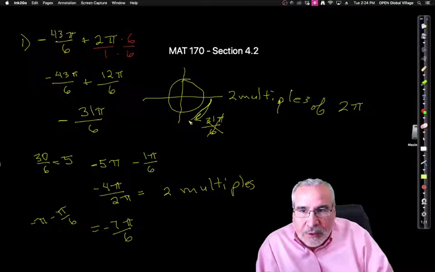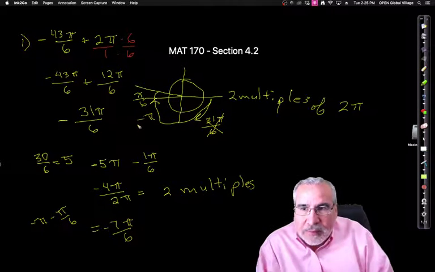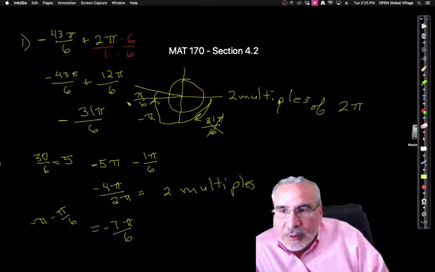It means we go all the way to here. There's minus pi. And then we go 1/6 more pi. And again, we're in the negative direction. I'm going to get a little sloppy and not worry too much about signs, but I'll put that on there.